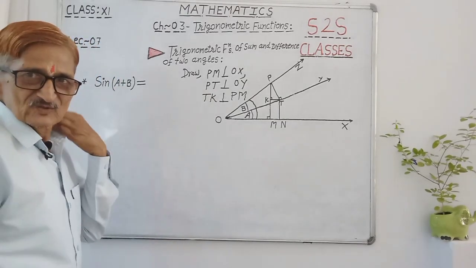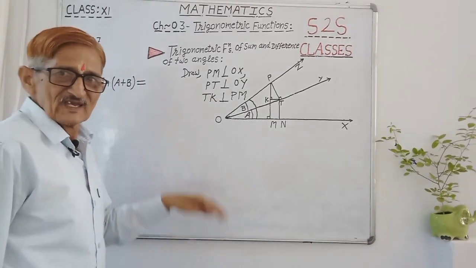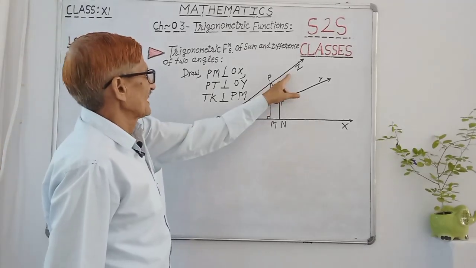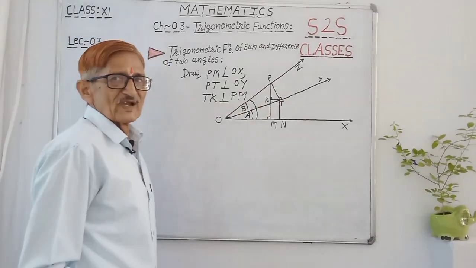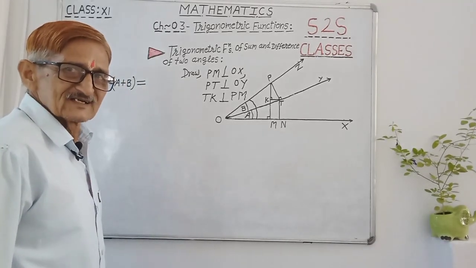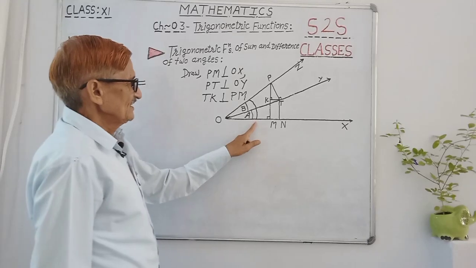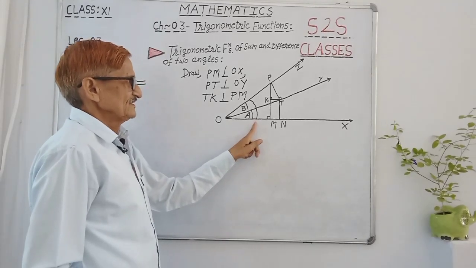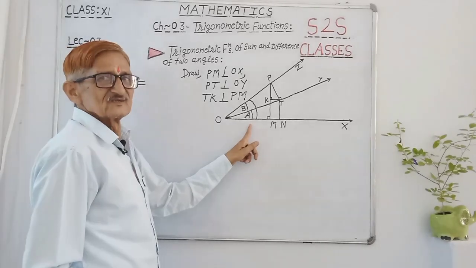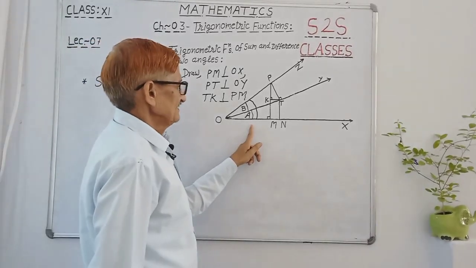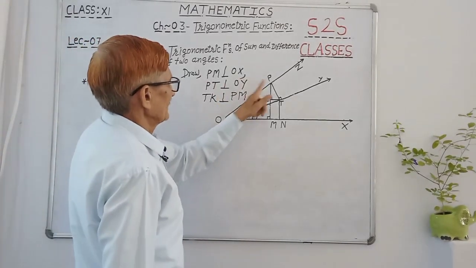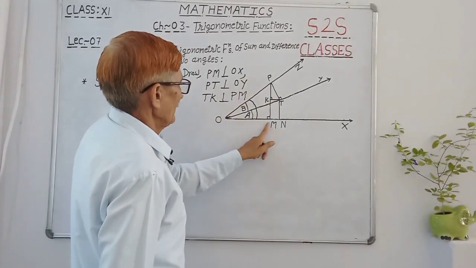Okay, to find the value of sin(A + B), that means sin of angle ZOX, we have to find. So now you see, first, if you want to take a right triangle with angle A plus B, the full angle, it is triangle POM.